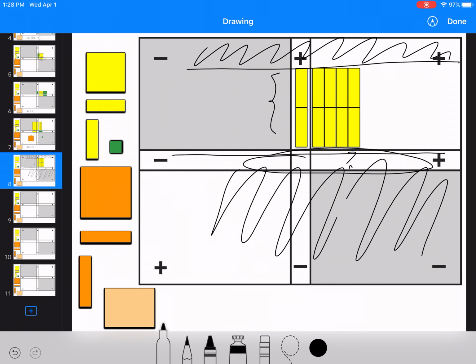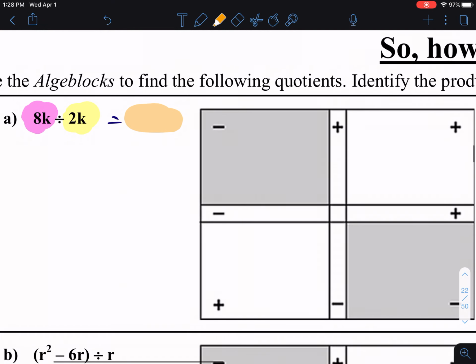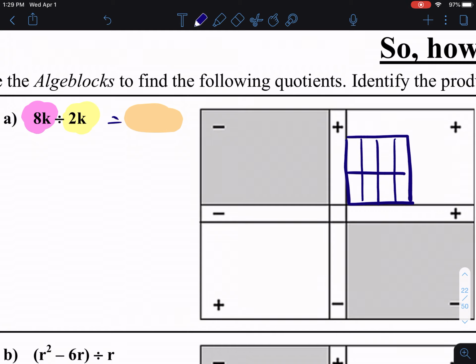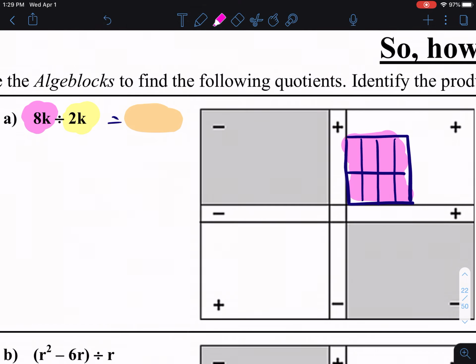Well, we can draw that in. Let's go back and draw this situation on our mat. So we have in pink 8Ks lined up like this. Right, and that was our product. This is our product, that's our rectangle.